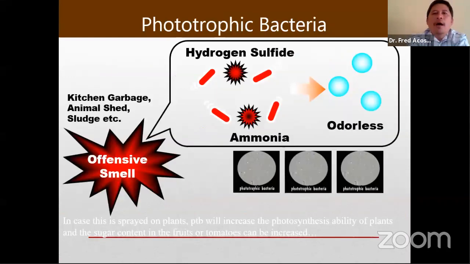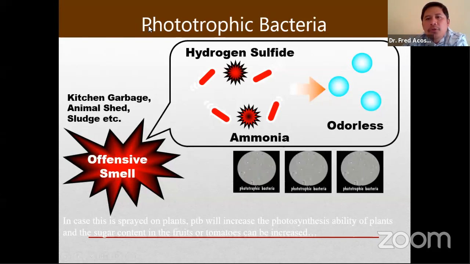And lastly, we have phototropic bacteria. Now we are talking about kitchen garbage, animal sheds, sludge, and so on. Basically, the bad bacteria present in our garbage produce ammonia. The phototropic bacteria is the one responsible for fighting this bad odor, the offensive smell.